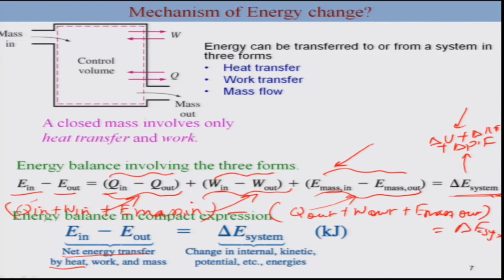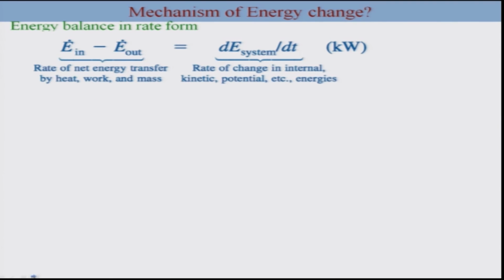You can generalize it here and make it like net energy transfer by heat, work and mass, and that should be equal to your change in internal energy, potential energy, that will be your delta E system. So you can also write in the rate form, that will be in the form of change in energy per unit time, and that's why this dot comes into the expression.